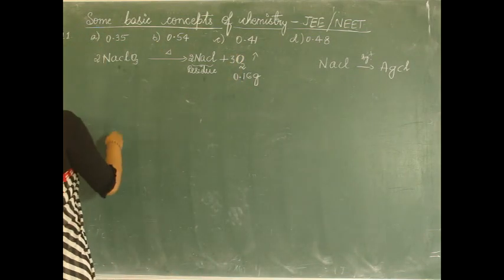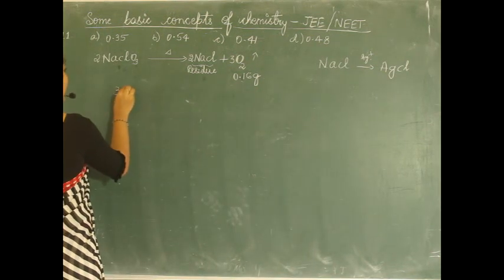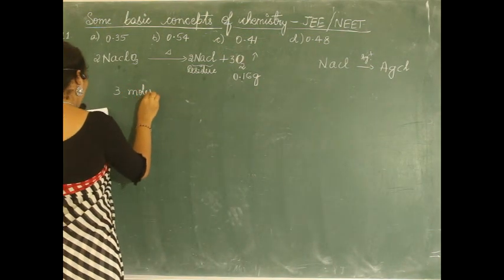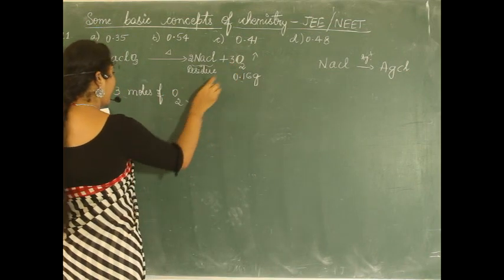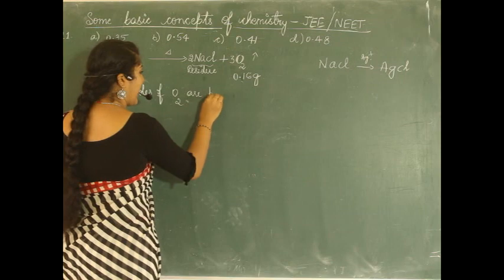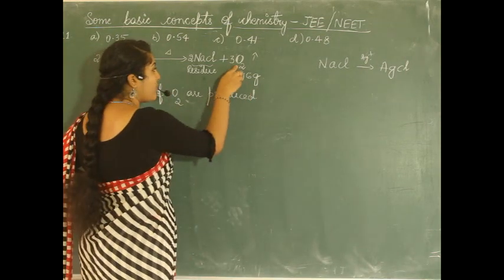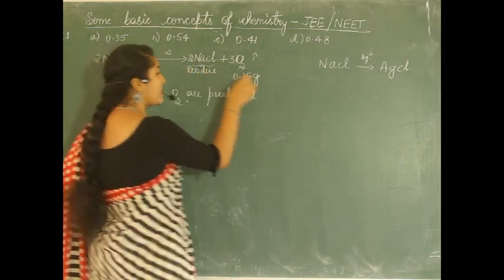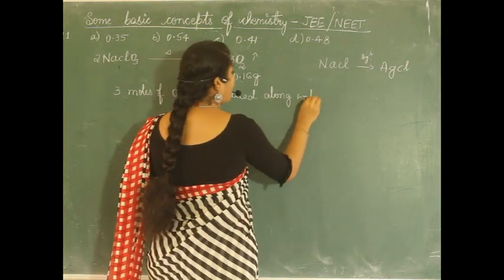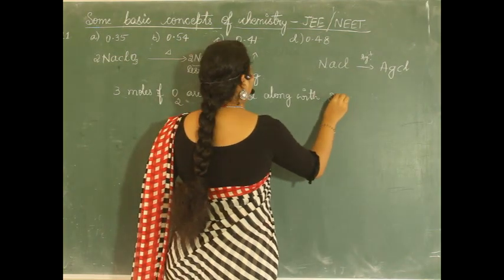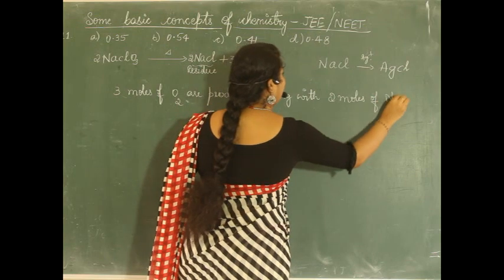Okay, let's see now. What is done? Now we shall see: 3 moles of oxygen are produced along with what? 2 moles of NaCl. Am I right? 3 moles of oxygen is produced along with 2 moles of NaCl.